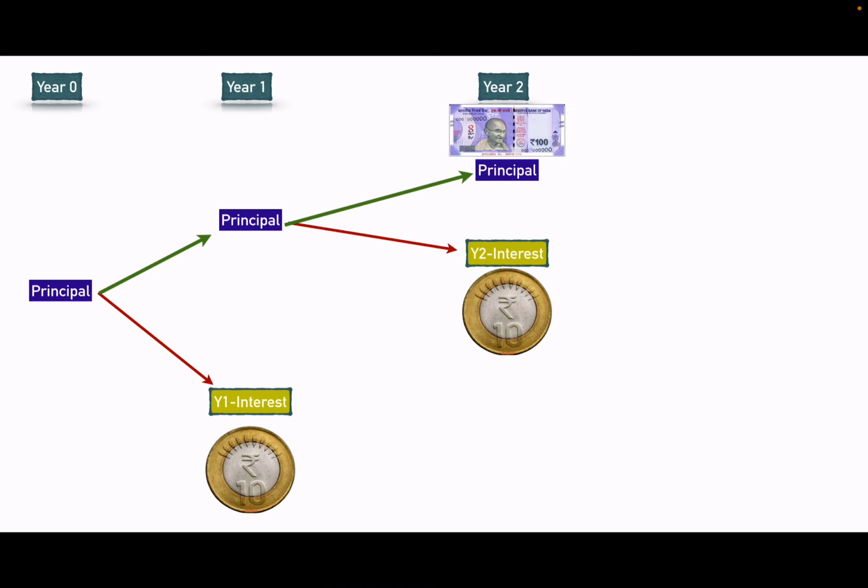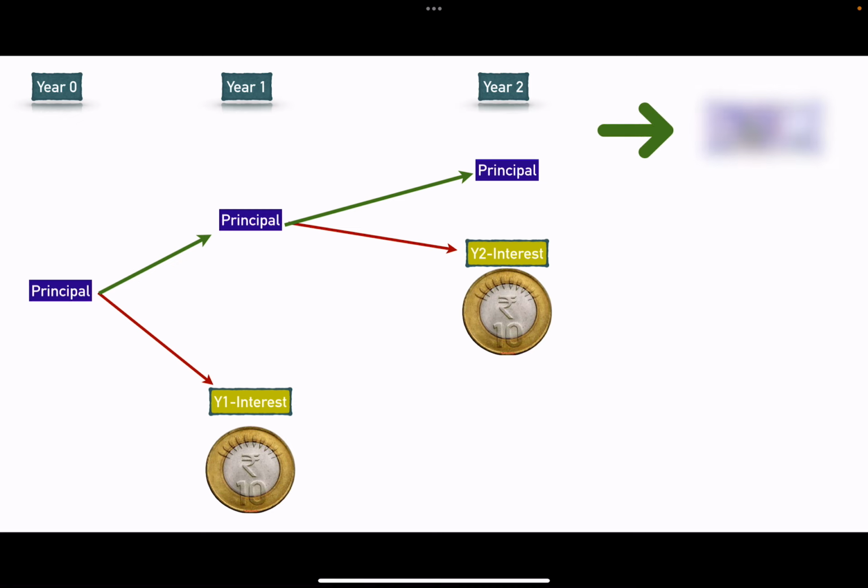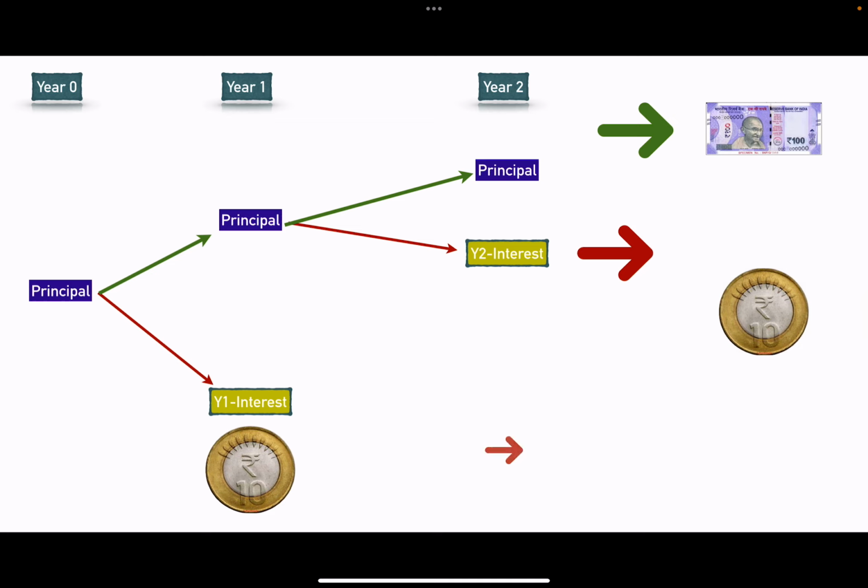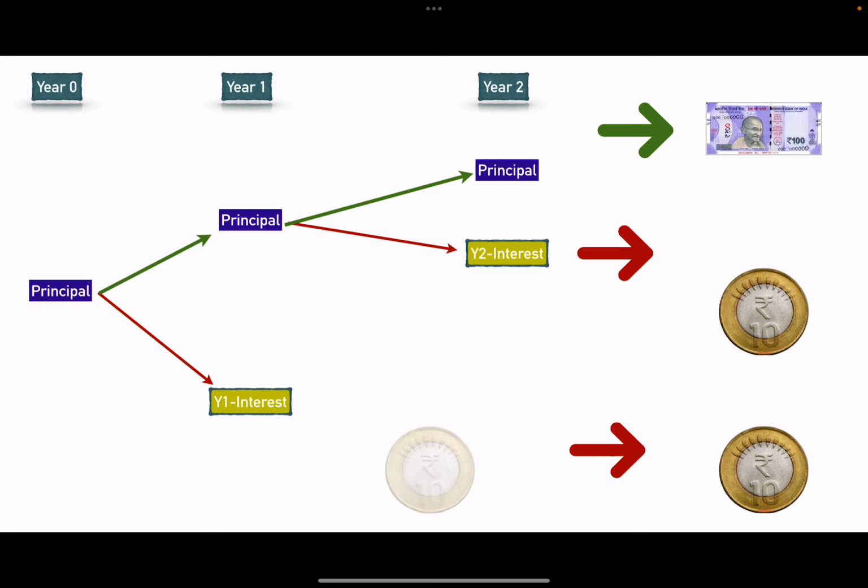Okay, the principal remains the same. So at the end of year 2, I have to repay the 100 rupees principal, along with the 10 rupees interest, and along with the interest of rupees 10 for the first year. Okay, so in total, I owe Mr. B 120 rupees.